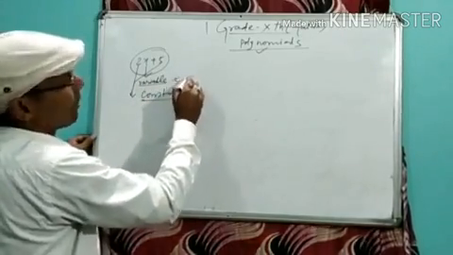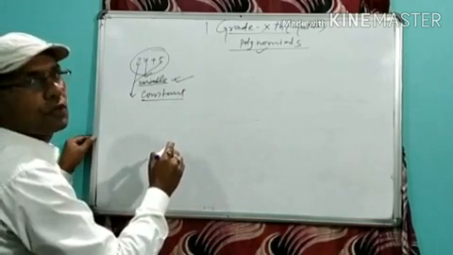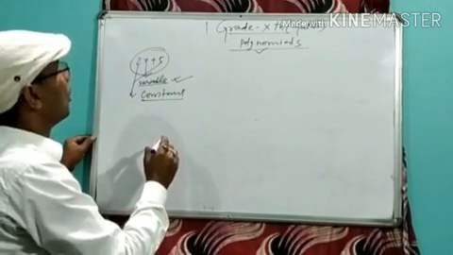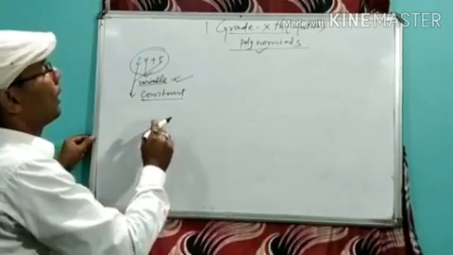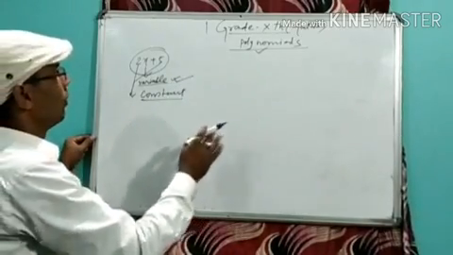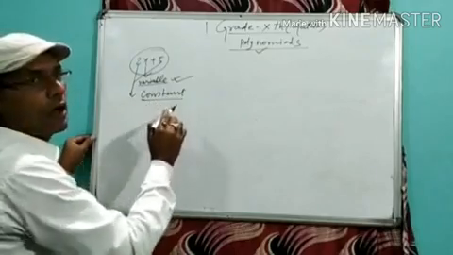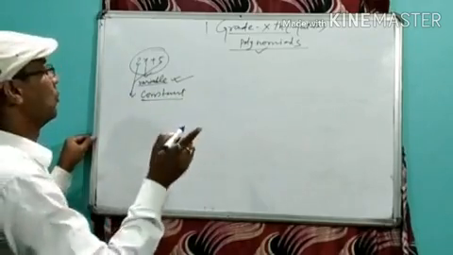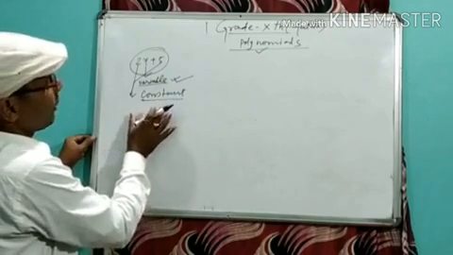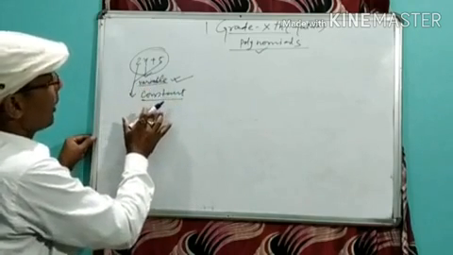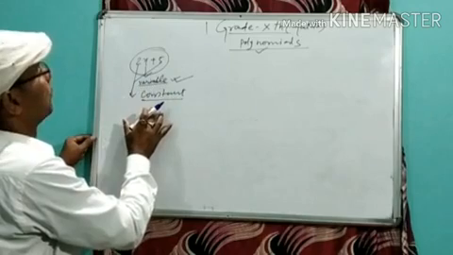You know a variable is one whose value varies, not a fixed value, and a constant has a fixed value. So this is the combination of variable and constant.